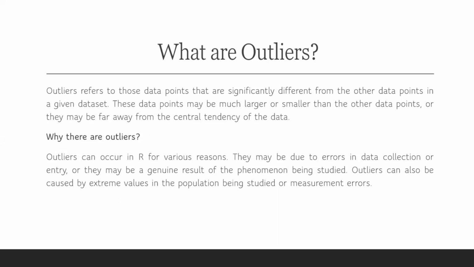Let's say we have a shop of burgers and we have an event in the whole country. So on that holiday, people are most likely to buy more and more burgers, so the data may contain outliers. So this is a natural phenomenon. Now, outliers can also be caused by extreme values in the population being studied or measurement errors.